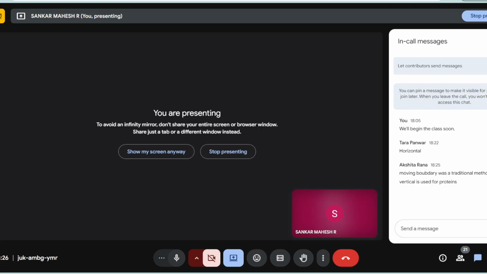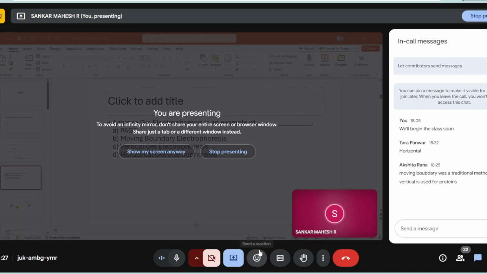PAGE is polyacrylamide gel electrophoresis, and this belongs to vertical. In agarose gel electrophoresis, we run them horizontally for resolution. So the right answer is horizontal, option D.